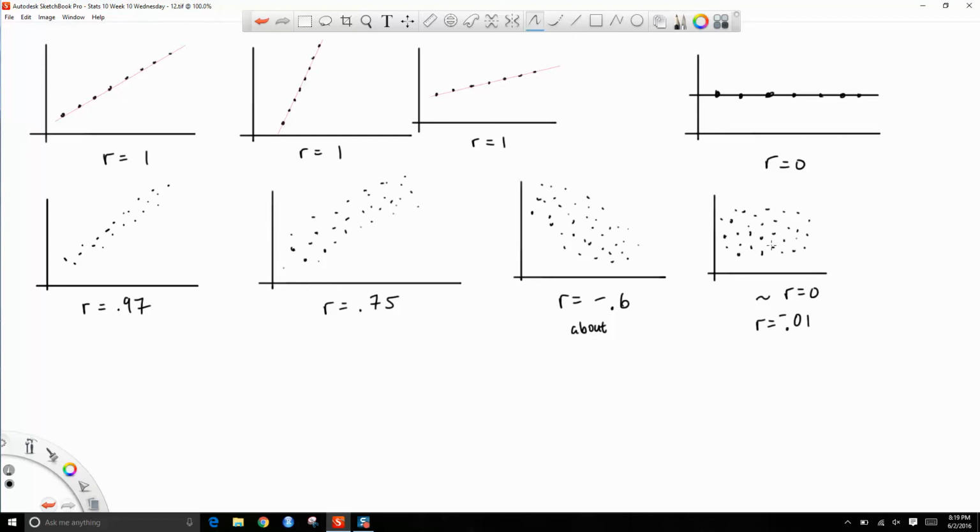Okay, so if I have something like this, the idea with R is that it's pretending that there's a straight line here, and then it would look at the scatter around this line.